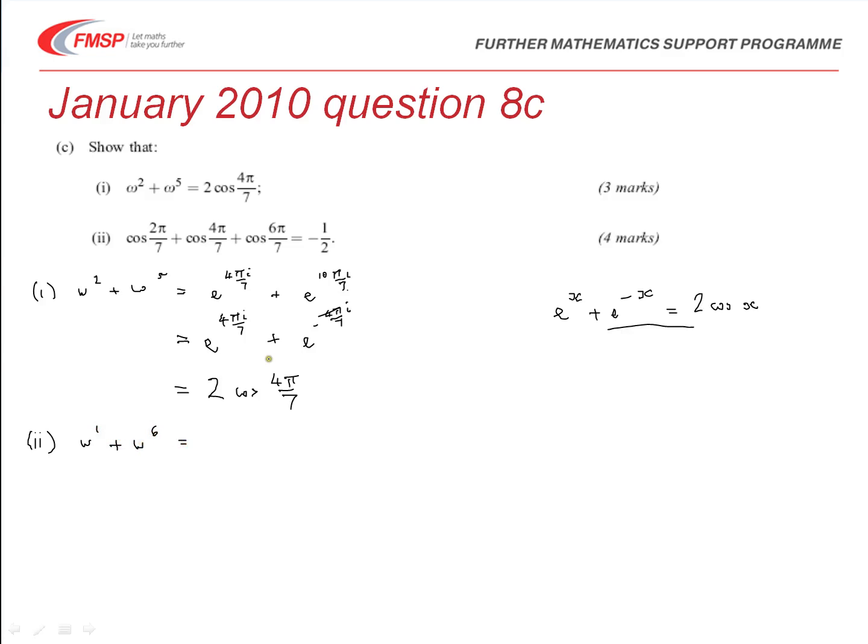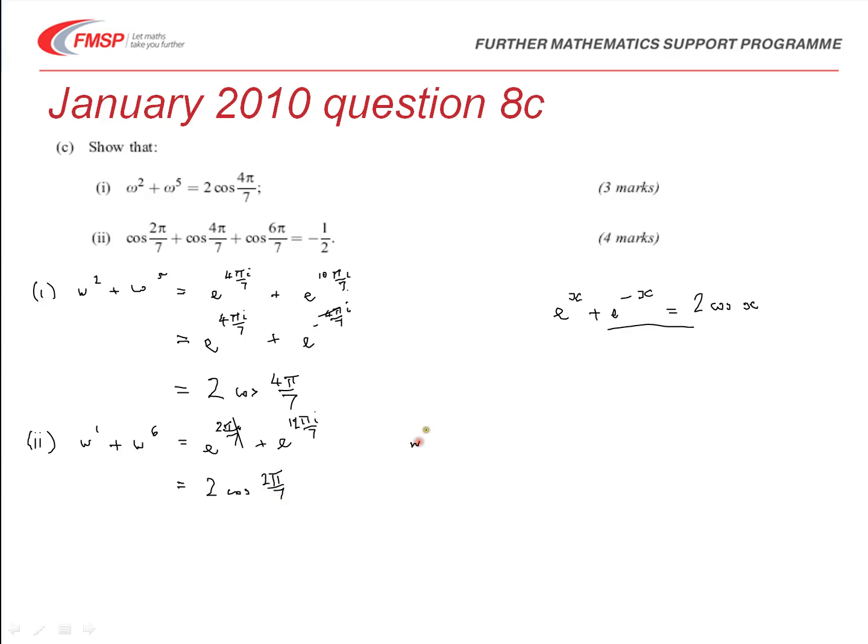Well, that is going to equal e to the 2 pi i over 7 plus e to the 12 pi i over 7, which, similarly to the last one, this e to the 12 pi i over 7 is the same as e to the minus 2 pi i over 7. So this becomes twice cos 2 pi over 7.